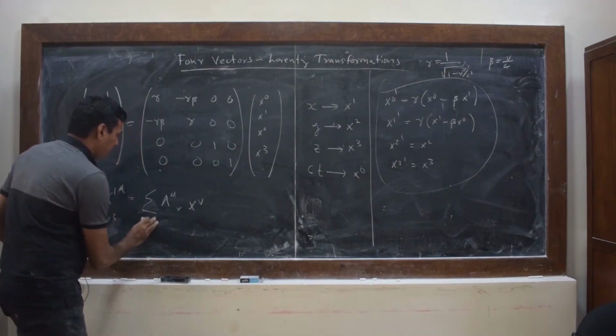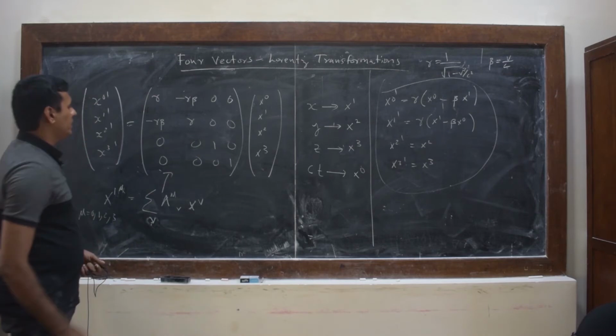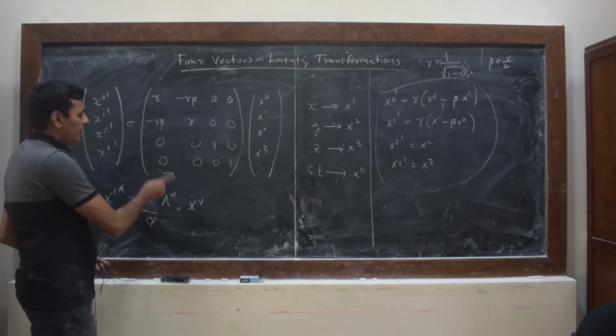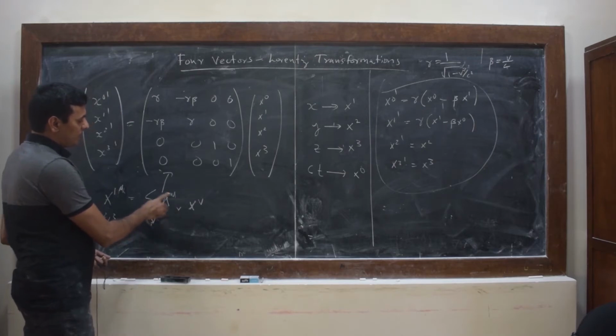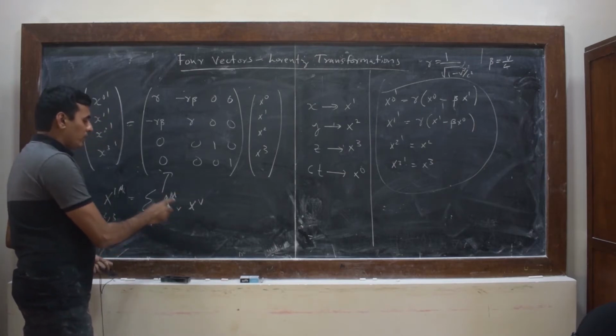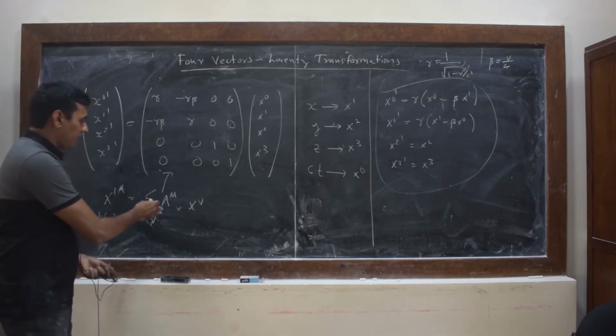This is basically the matrix lambda mu nu, where mu is the row index and nu is the column index. I will tell you why the upper and lower indices are used in the next stage.